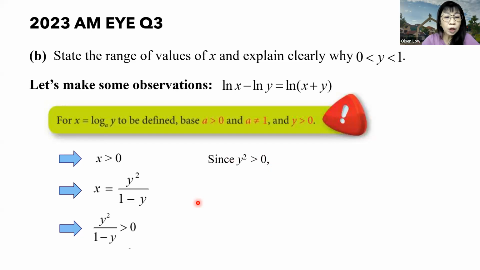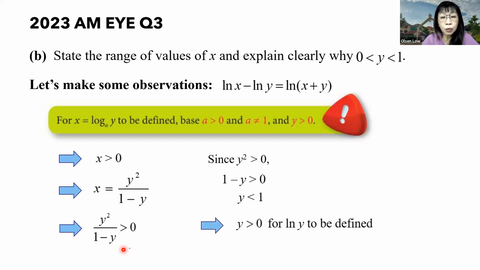So in order for y squared over 1 minus y to be greater than 0, and my y squared already greater than 0, I can deduce that the denominator 1 minus y must also be greater than 0. We solve the simple inequality and get y less than 1. Earlier on, we also know y has to be greater than 0 for ln y to be defined.